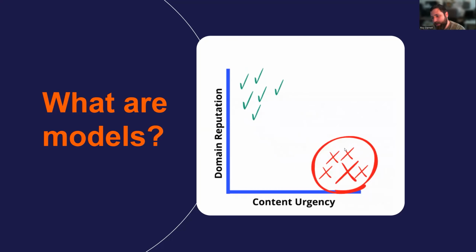And every next instance we see which falls into this category or inside this circle, we will classify as a possible attack. So when I say model, think there is some space, in this example the reputation and urgency space. And the circle is the model, meaning we're looking for everything that falls into it, and then we will classify it according to what the model is classifying.